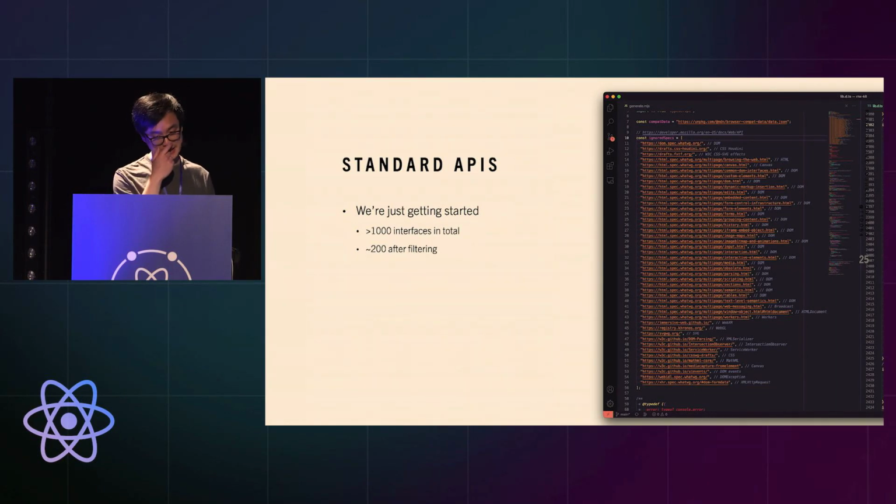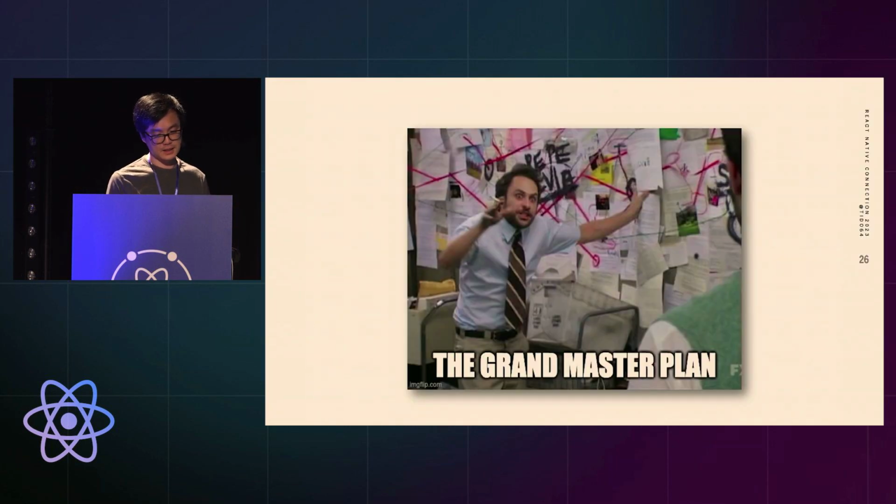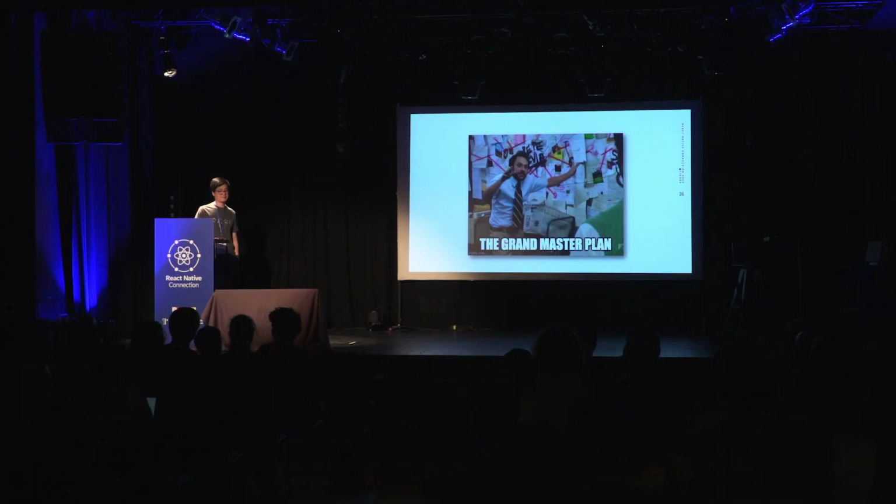So we still need to figure out which modules we want to focus on first. And with so many modules, we want to make sure that it's pay for play, meaning only the modules that you use should be included in the final app bundle. And we're doing all this work in our next kit, meaning that someday all of this will be open source. And yeah, that's our grand master plan for solving developer velocity.